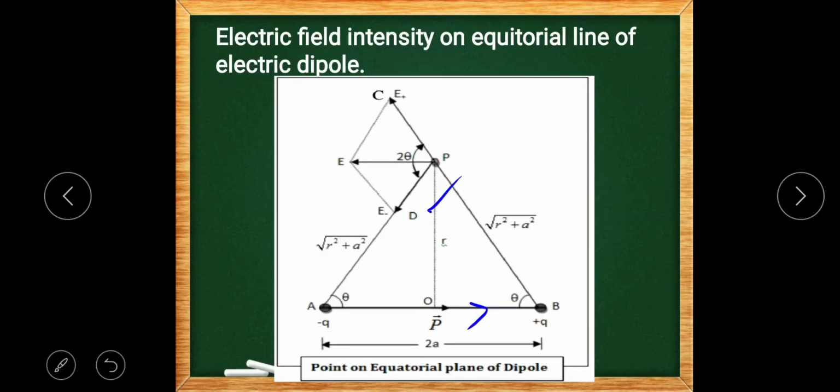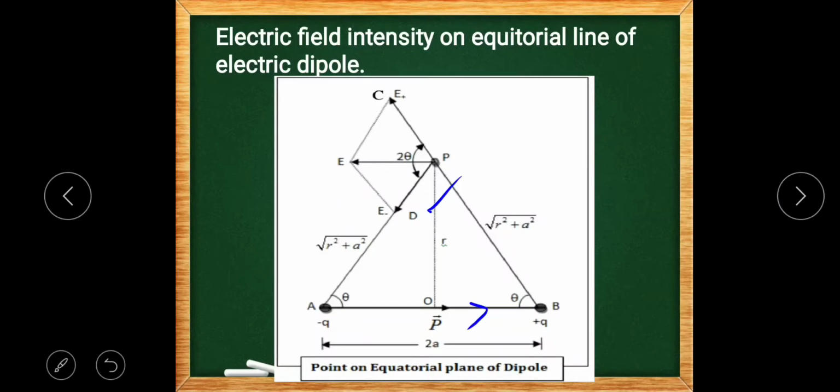So now consider again charges plus q and minus q, the two point charges of the electric dipole. P is a point on the equatorial line of the dipole at which the electric field is to be determined.